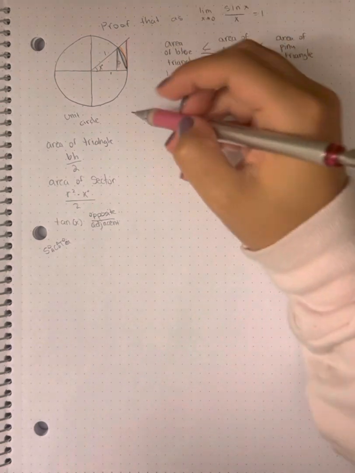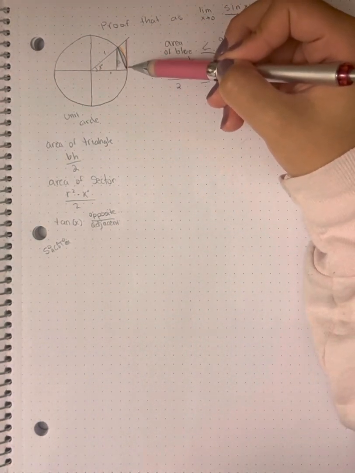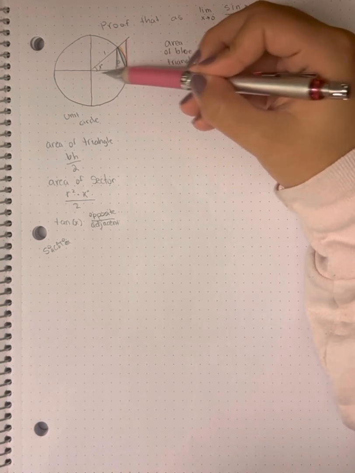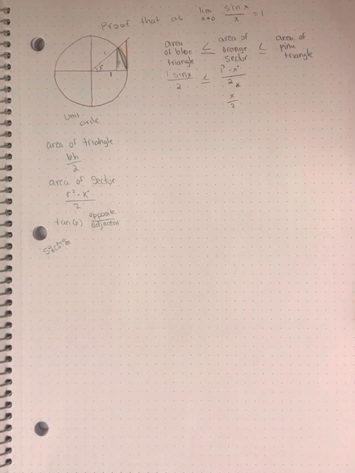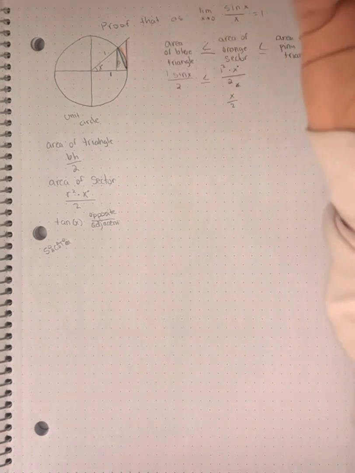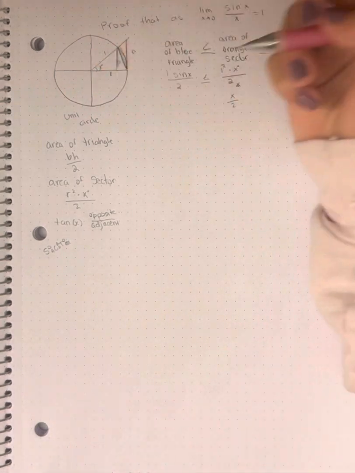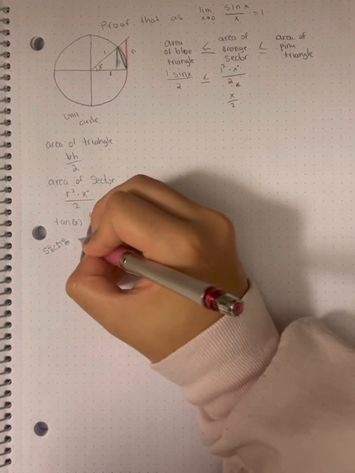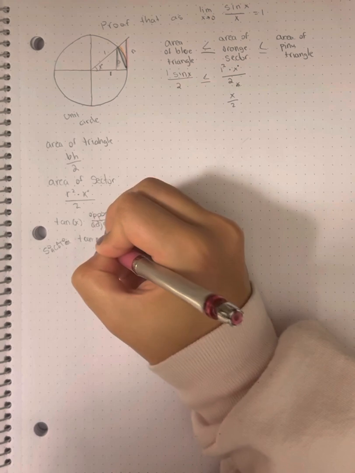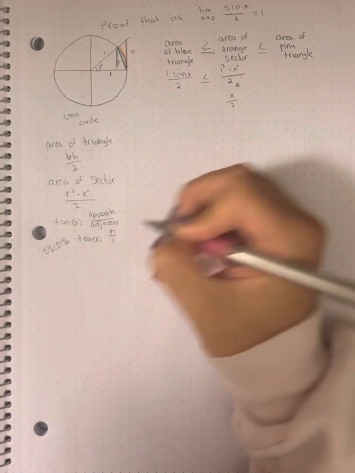And we know that our opposite over adjacent here is our pink line and our little base of 1. We can just say that the pink line for now is n. So tangent of x is n over 1.